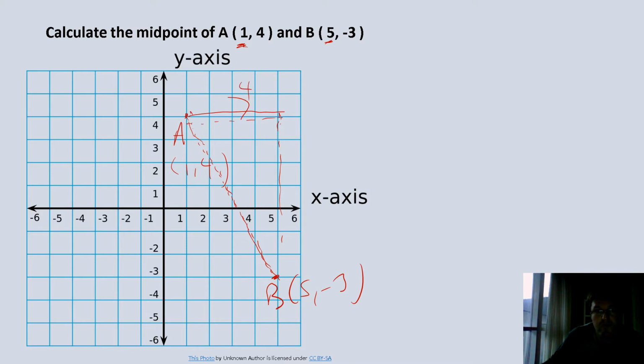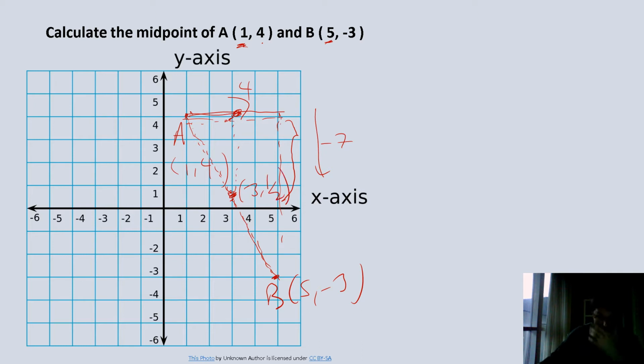So therefore, if we just go 2 across, we'll be halfway across at least. And to get from 4 to minus 3, you drop down 7. So if we drop down half of that, 3.5, we should be able to find the halfway point. So it's 2 across from the 1, 4, and then down 3.5, which will put us here at 3.5.